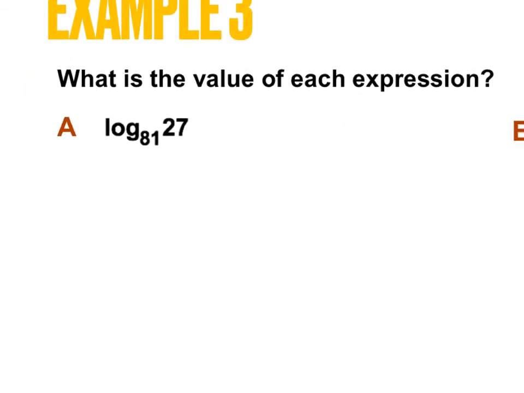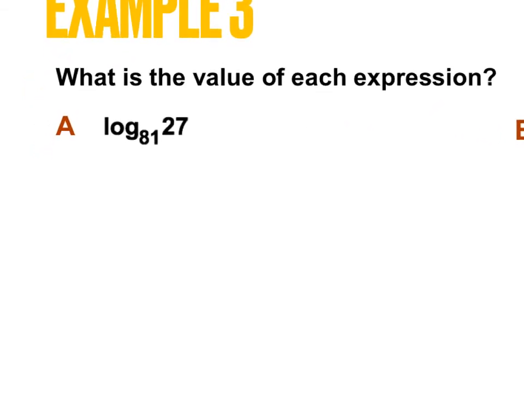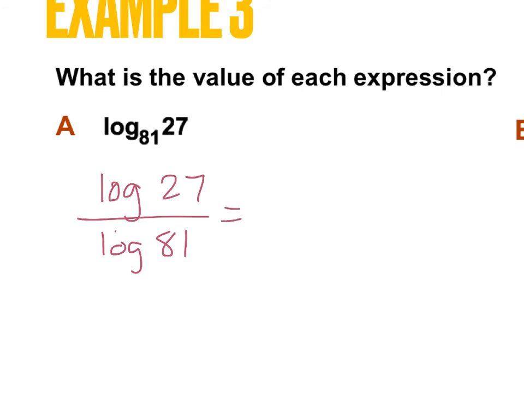So what is the value of each expression? So we need to change this with our change of base formula. So we have log of 27, the big one goes on top, over the log of 81. And now we can put both of these into our calculator.